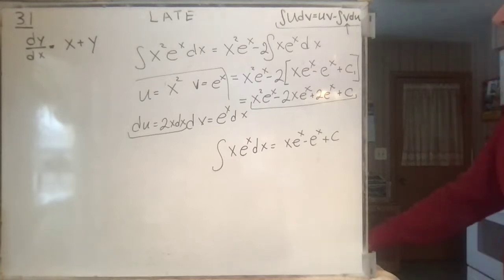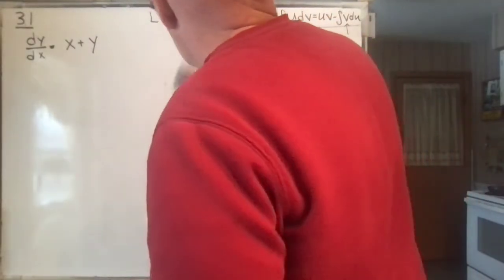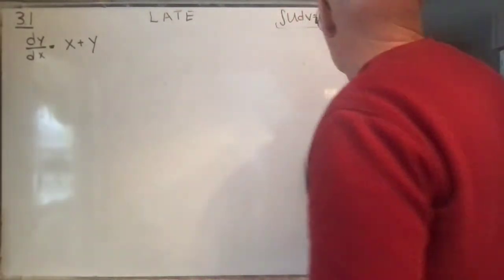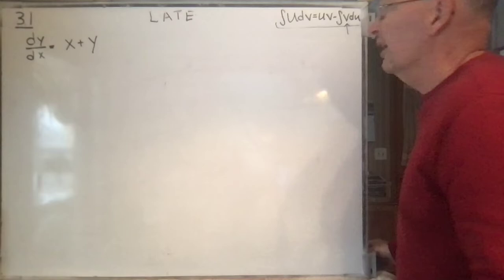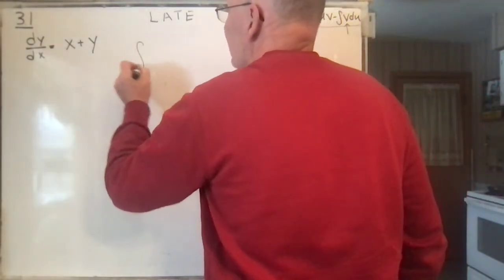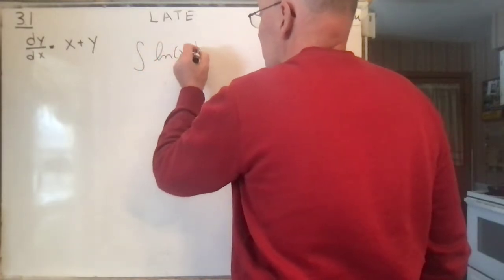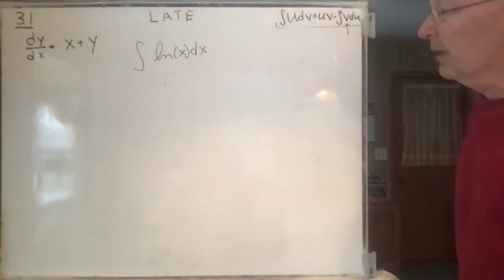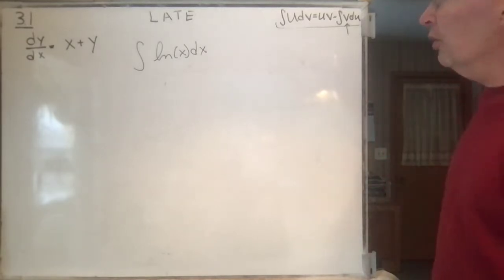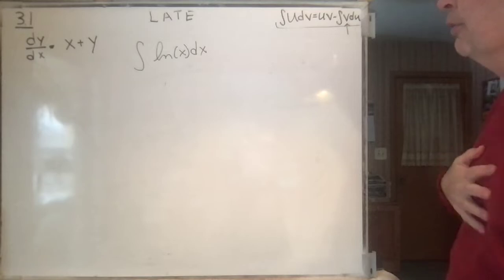Okay, so you're getting a good overview, I guess, of integration by parts. Let's just do one more. This is one of my favorite ones. Okay, so you look at that and you say, well, there's no product there. I need the product of two things.